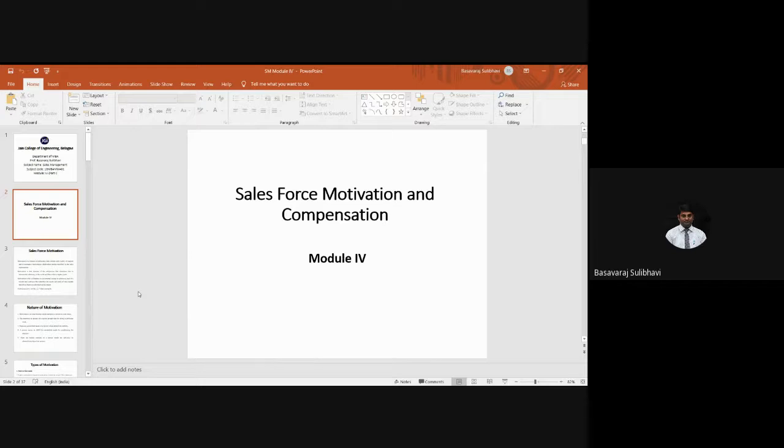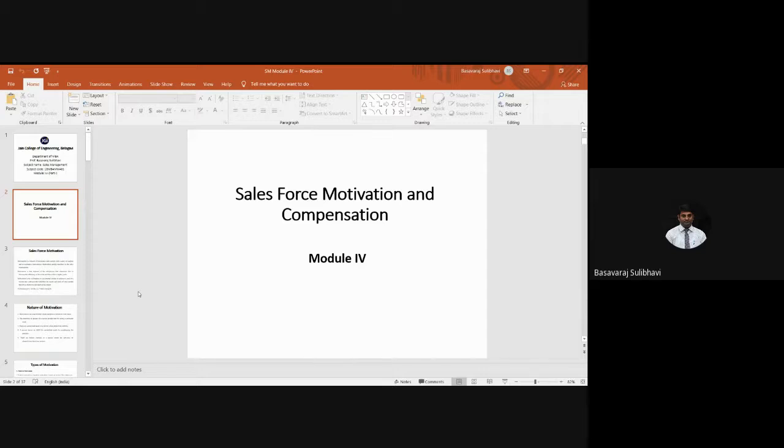And also we have compensation. Why are we dealing with both of them in the same module? Because in any motivation, usually the money or pay given to an employee who has worked for an organization on a certain activity matters.